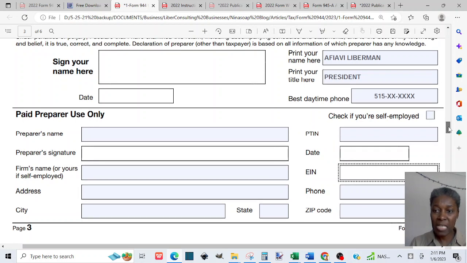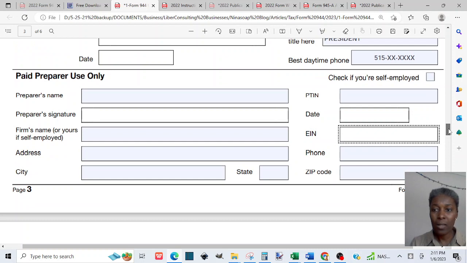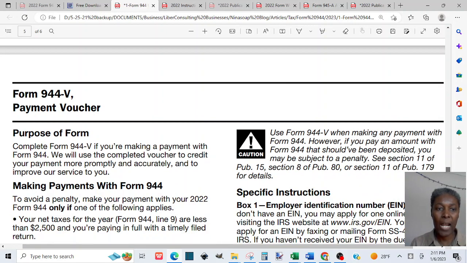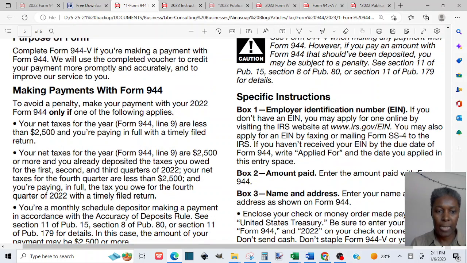Because Liberman Consulting is filing its own taxes, and I'm not going to charge Liberman Consulting to pay me for that. I'm a part of Liberman Consulting. So we are going to leave it alone, and we'll go to the voucher, the Form 944 voucher section.